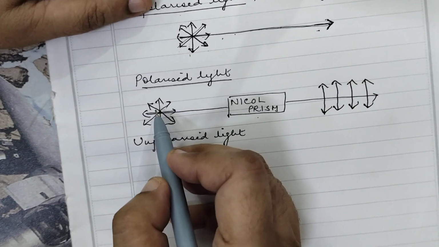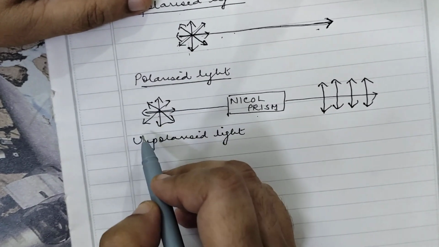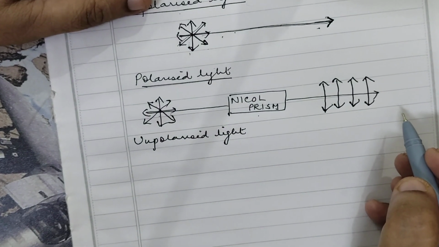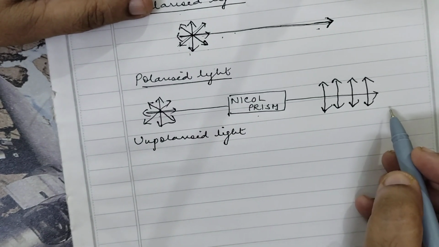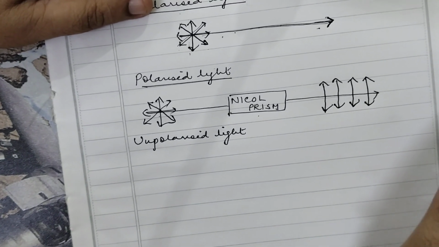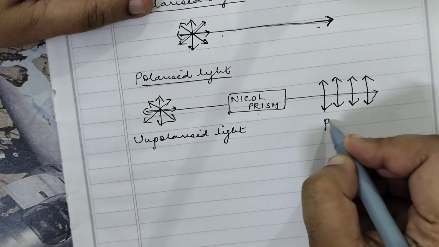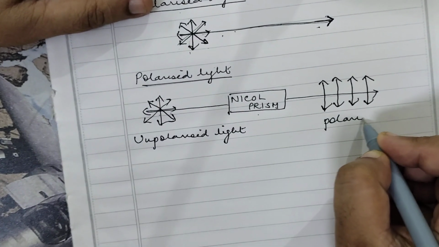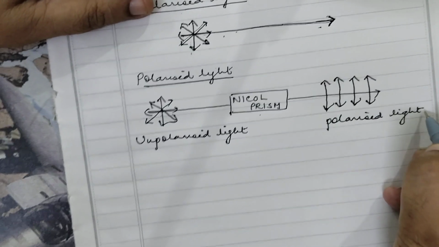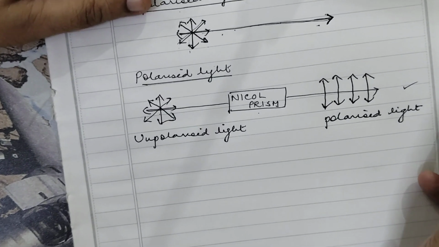So there were various directions, vibrations were in various directions, and now all vibrations have got aligned. So this is the alignment of the vibration, that is, all are now parallel to each other. So they all are arranged in one plane. This light in which all the vibrations are parallel to each other, or all the vibrations are in one plane, is called polarized light.